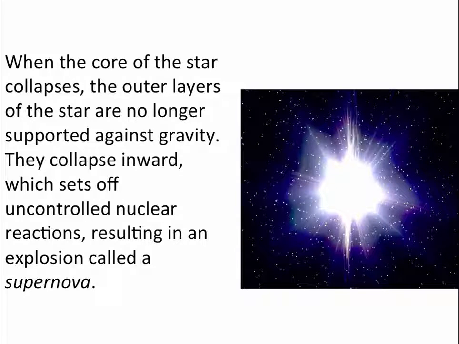Gravity wins and squeezes the core until the electrons and protons merge and make a giant atomic nucleus that's about 10 miles across and made out of neutrons. The rest of the star begins to collapse inward, and then explodes outward in a supernova. Know that much, and you're doing really well.